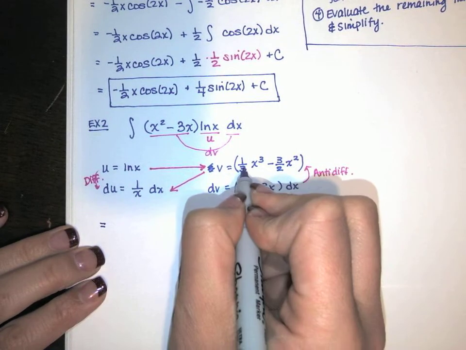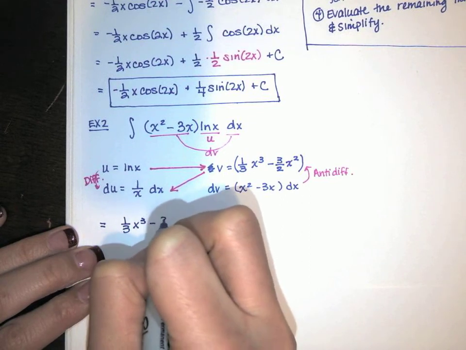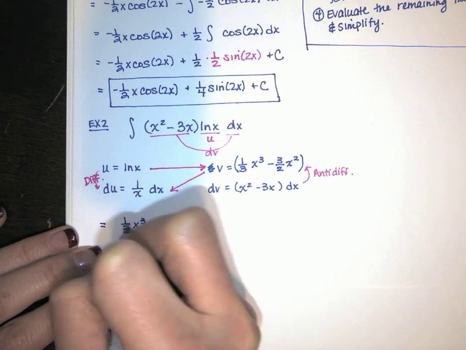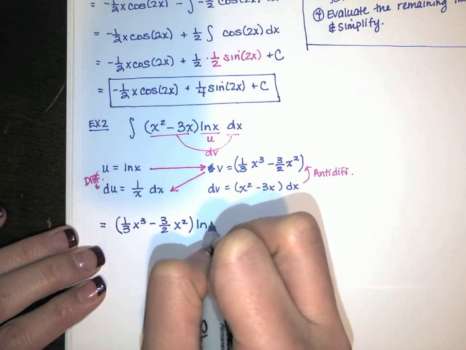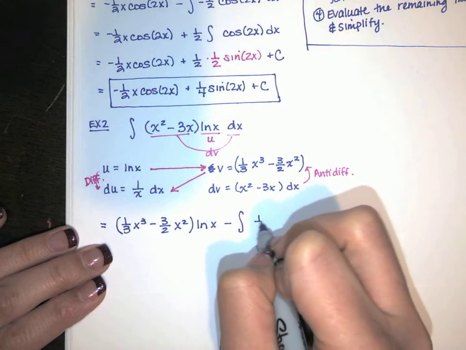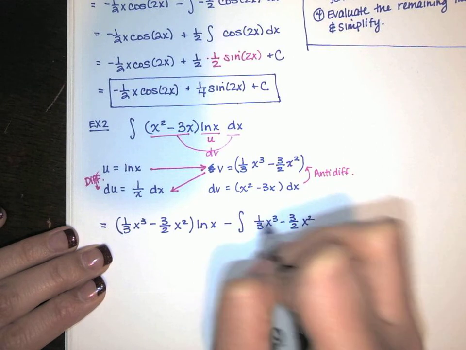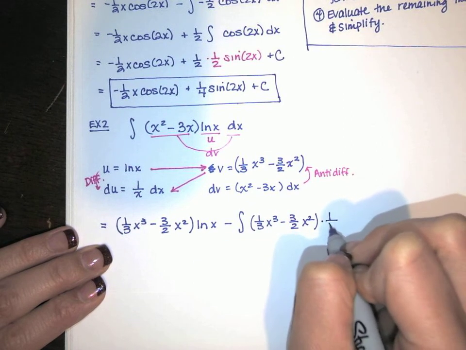So I have u times v. I'm going to write the polynomial first. Minus the integral of v times du.